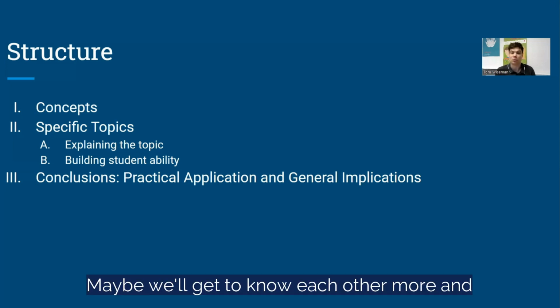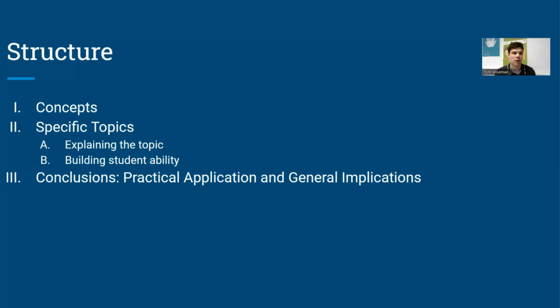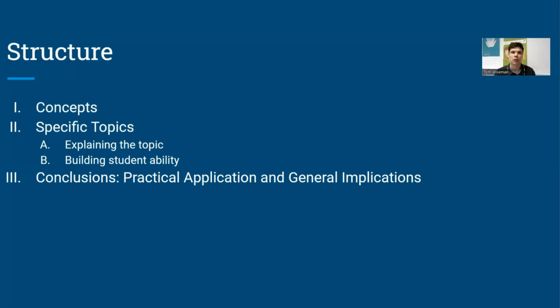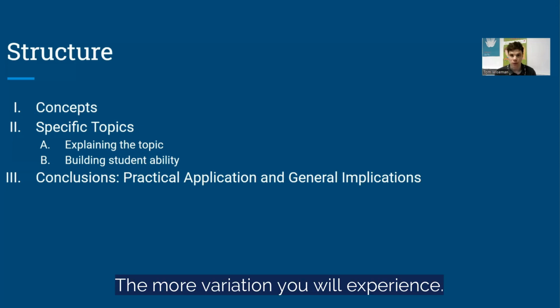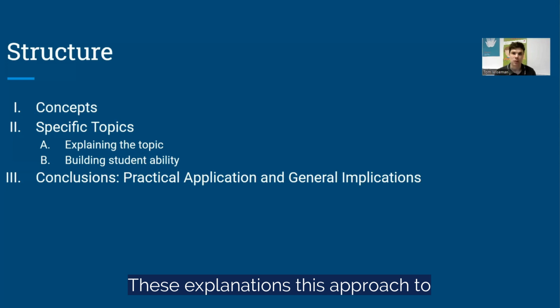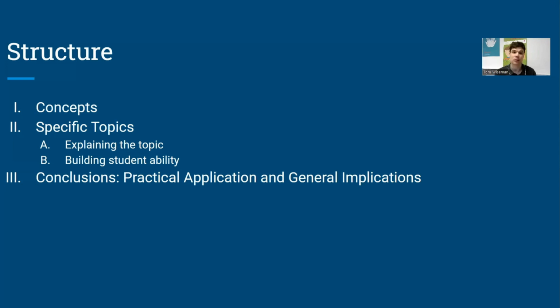Maybe we'll get to know each other more in the future. But guess what? The more we work together, the more you work with different students in different places of different ages, the more variation you will experience. These explanations, this approach to teaching, should be flexible.